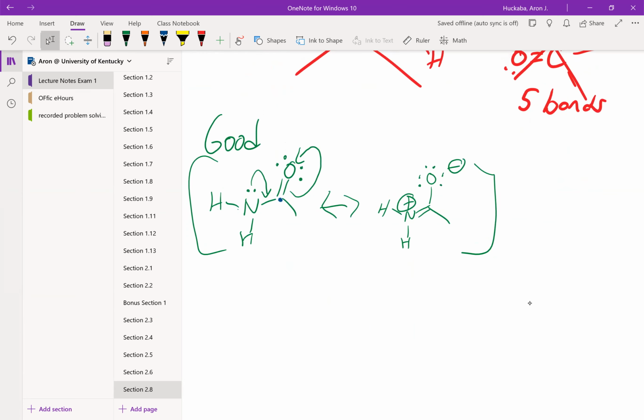Okay, a bad use of an arrow would be one that has the arrow pointed the wrong way. What does that mean? Let's try this again. So here we have a molecule that looks like this.